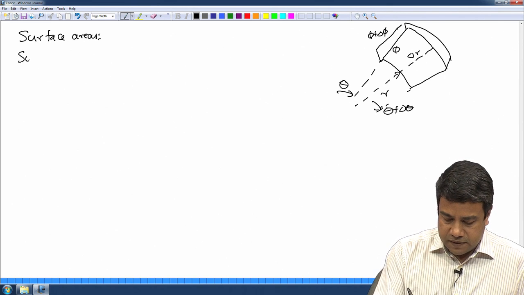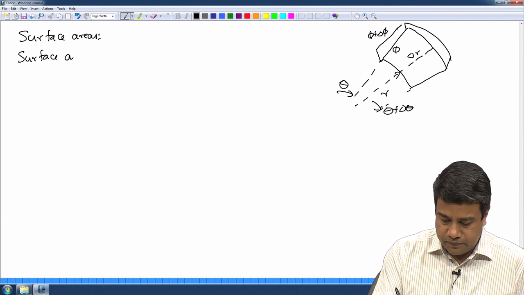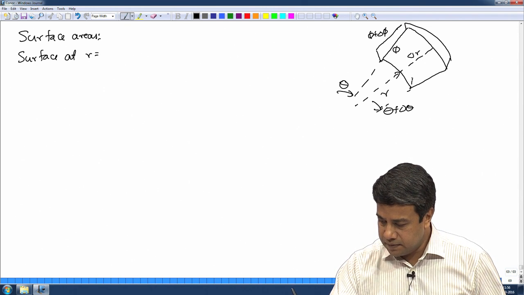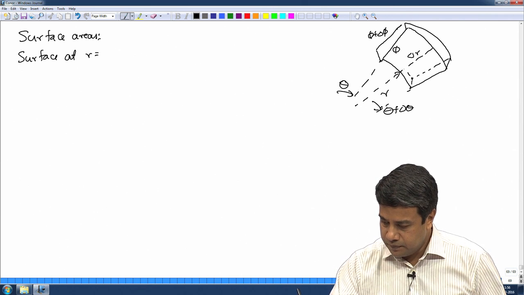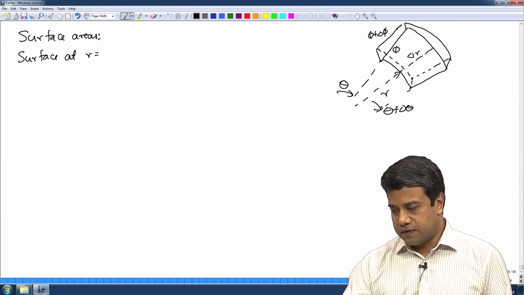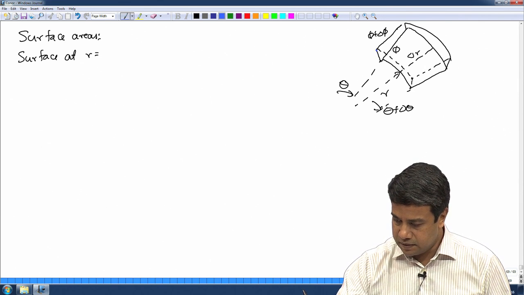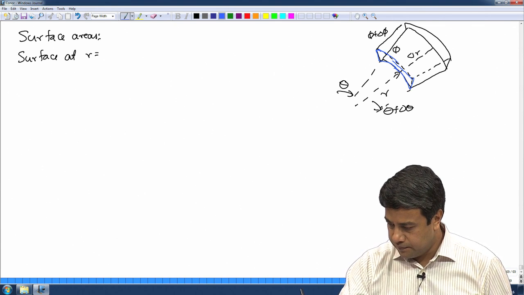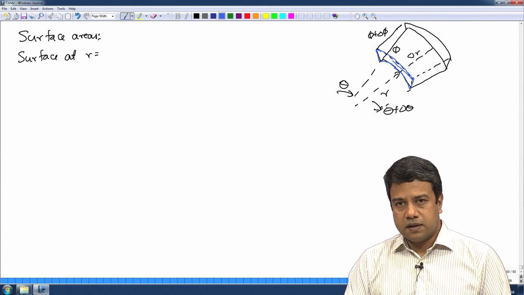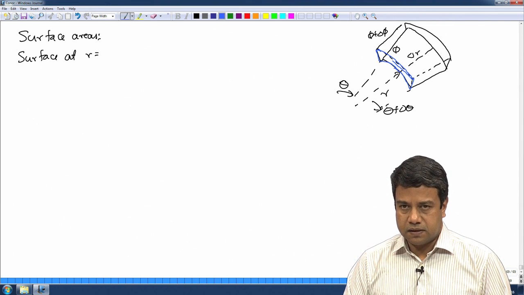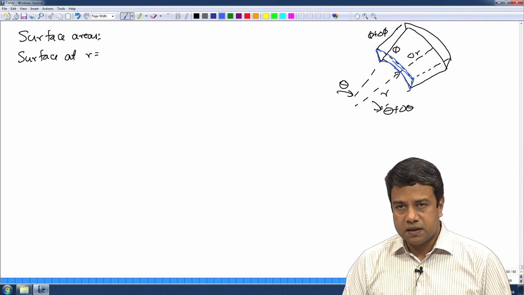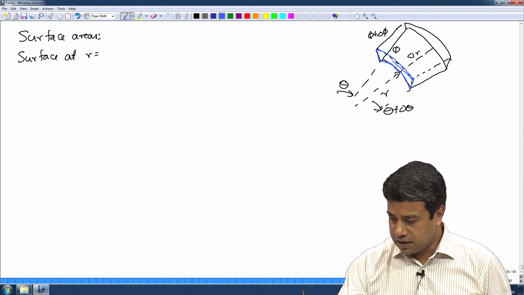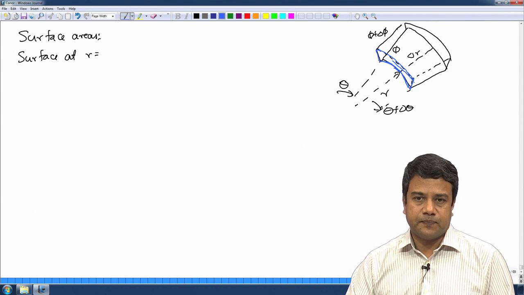The surface at r is this surface here. That is the surface at the location r, perpendicular to the radial coordinate. The surface area of that surface has to be equal to the length in the theta direction times the length in the phi direction.